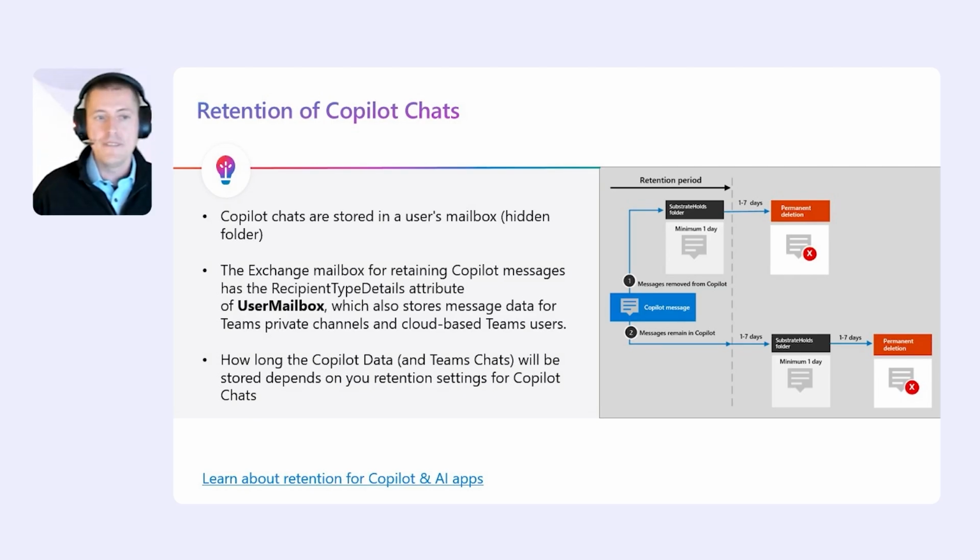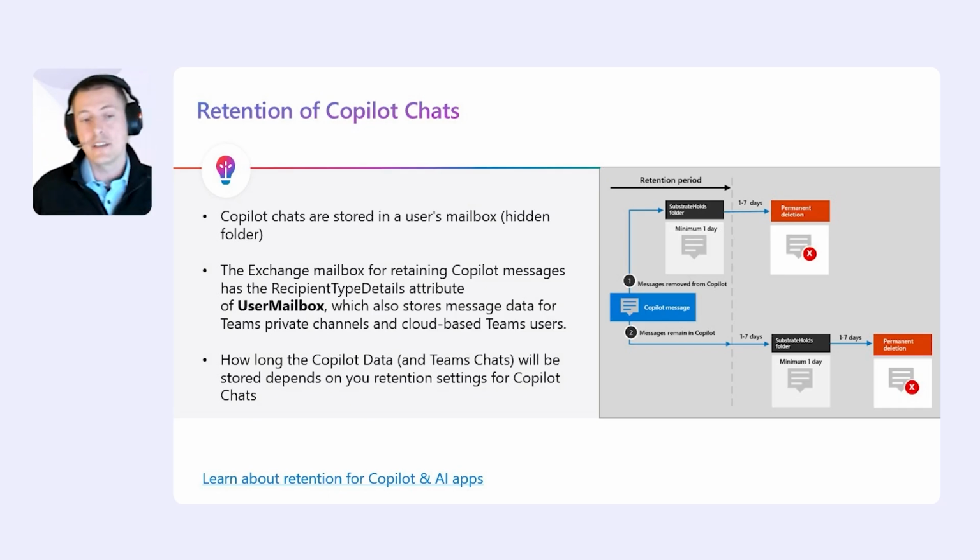Number 1, every Copilot chat message will be stored in a hidden folder inside the user mailbox. It applies the same concept we also see for Teams private messages. There is a specific attribute type, called user mailbox, with which these messages are flagged and stored inside the user mailbox.